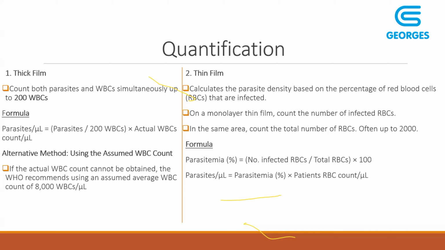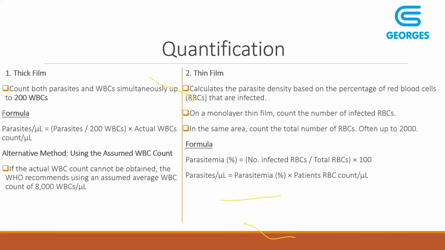Using a thin film gives the parasite density as a percentage of the number of RBCs that are infected. So you need to ensure that you are counting the number of parasites on a monolayer thin film. So thin film preparation and staining is also key here. You need to count the number of infected RBCs, and in the same area, count the total number of RBCs. Recommended number is up to 2,000 RBCs.